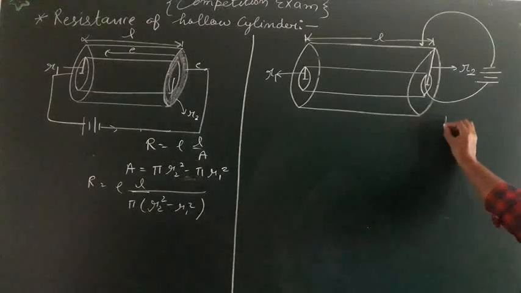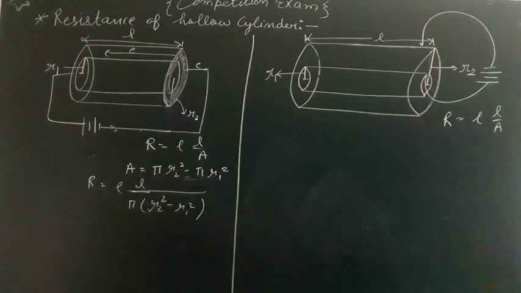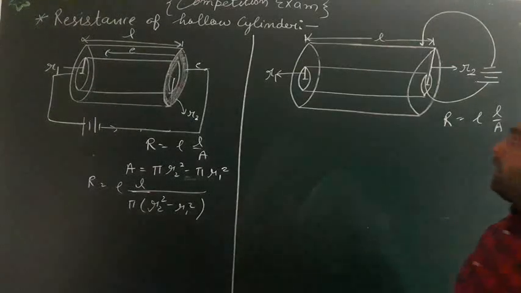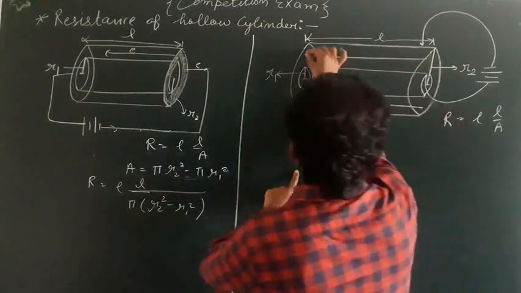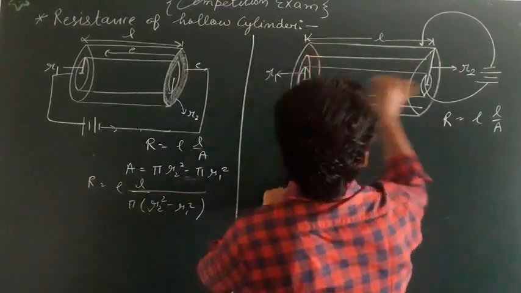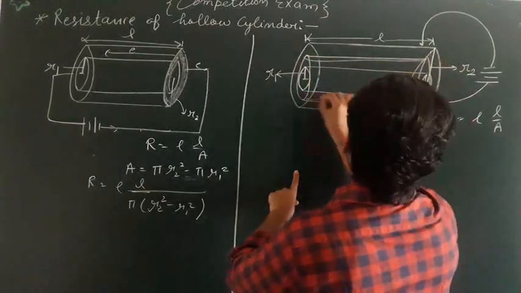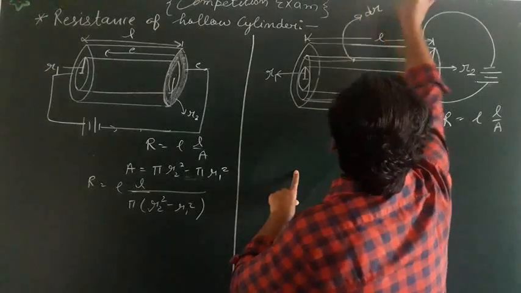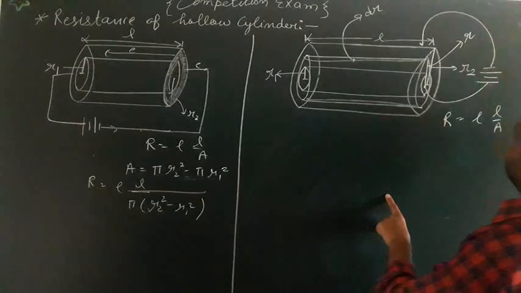Again, we know that R is equal to rho L by A. In that case, we will take a small cylinder of thickness dr, at radius r from the center.